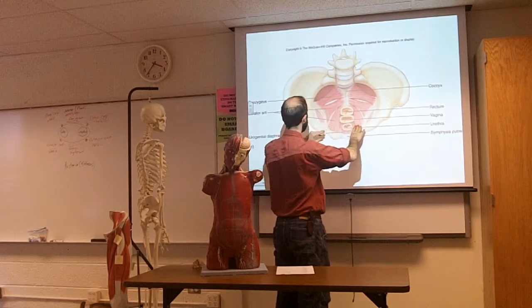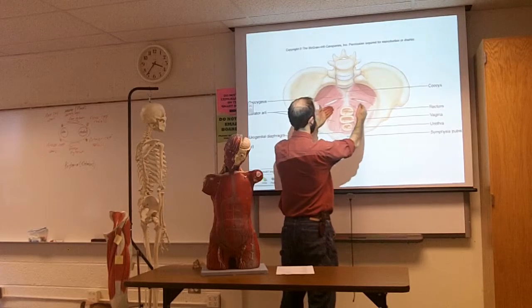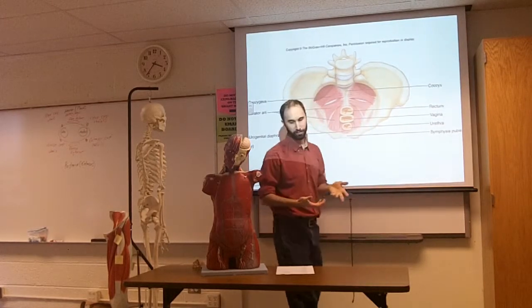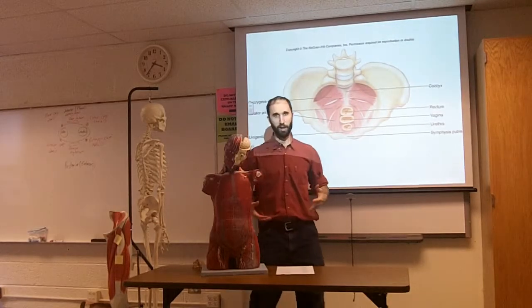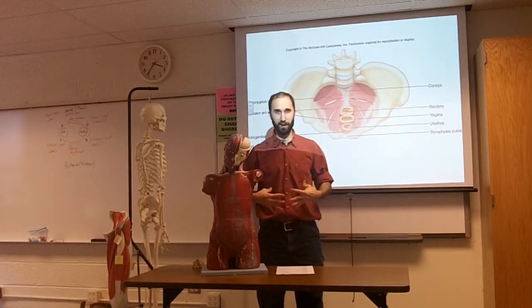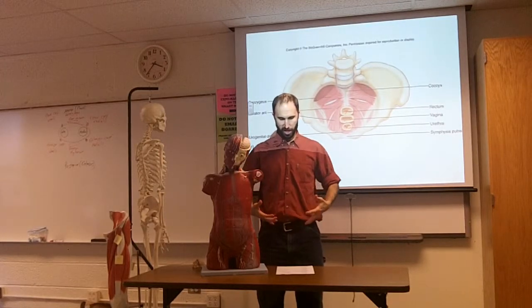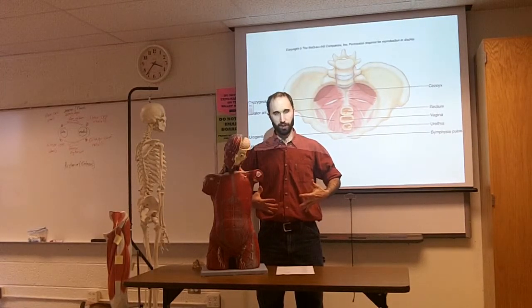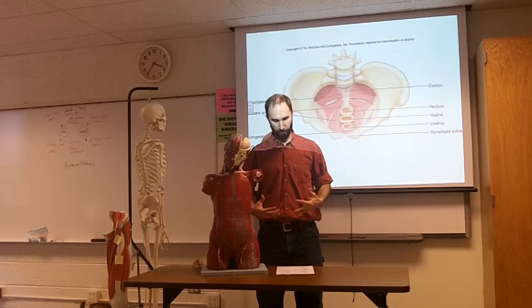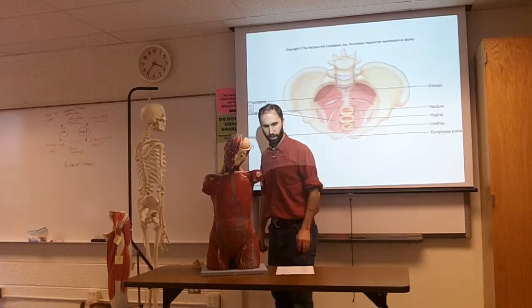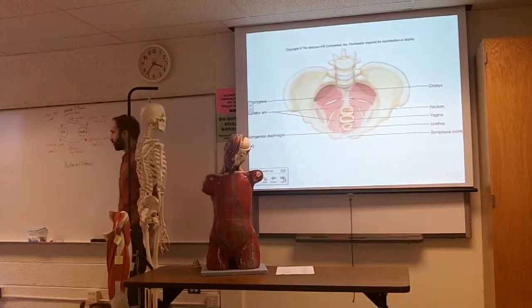But your coccygeus is a little bit more posterior and up, but it's basically doing the same job. It just keeps all of your internal organs in your abdomen. So levator ani and coccygeus allow you to keep your, especially digestive organs, in place and from falling out of your abdomen. All right.